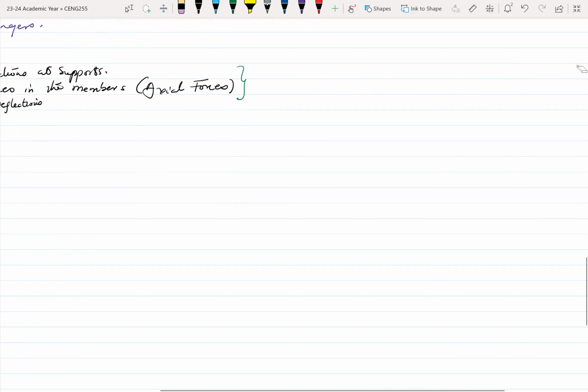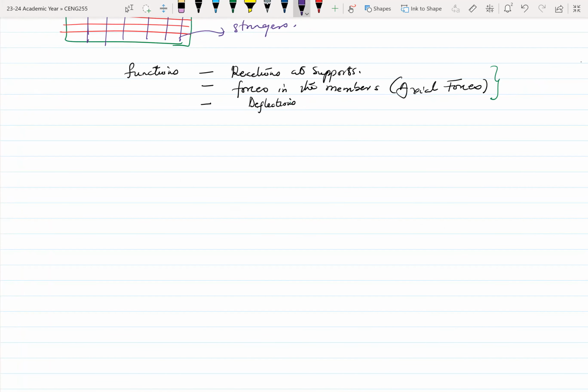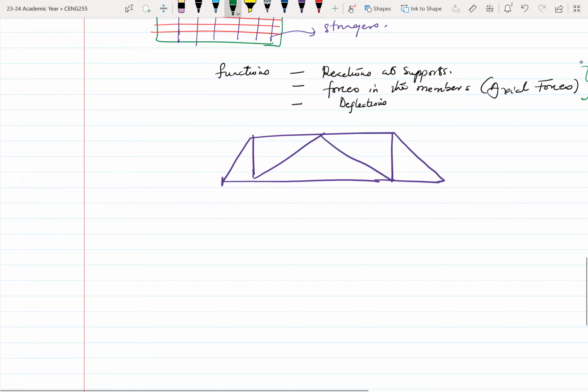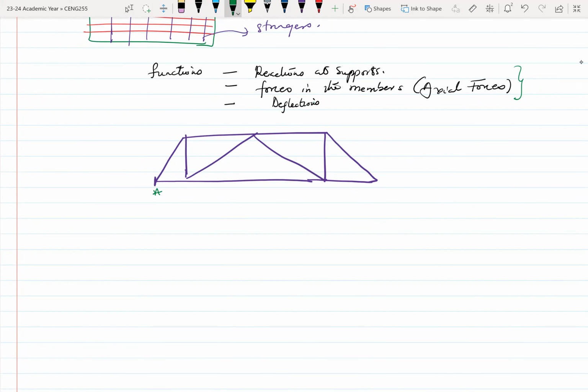So we have this truss, with joints A, B, C, D, E, F, G, and H. Let's say the supports are at A and E. The lengths are equal, each one is 6 meters, 6 meters, 6 meters, and the height is also 6 meters.